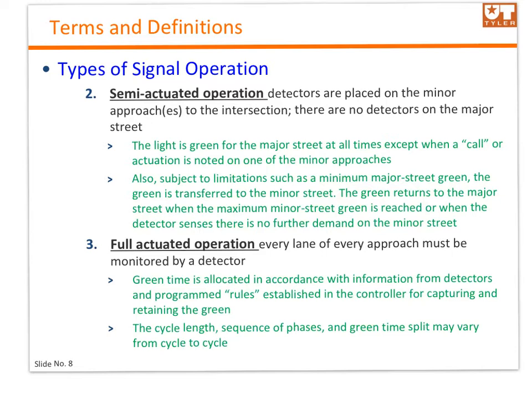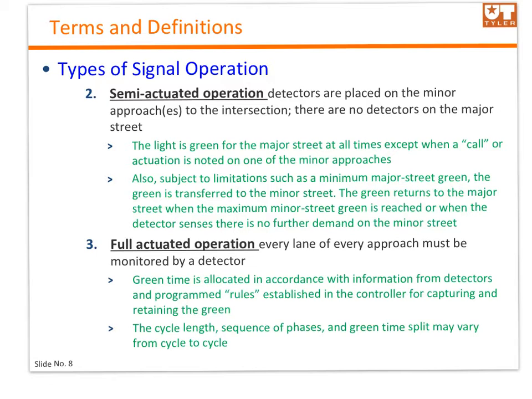Moving now to the most sophisticated type of signal operation, the fully actuated operation. That means now every lane on every approach must be monitored by a detector. This indicates that the green time is now going to be allocated in accordance with the information from detectors, and programmed rules have to be established in the controller in order to capture and retain the green time.